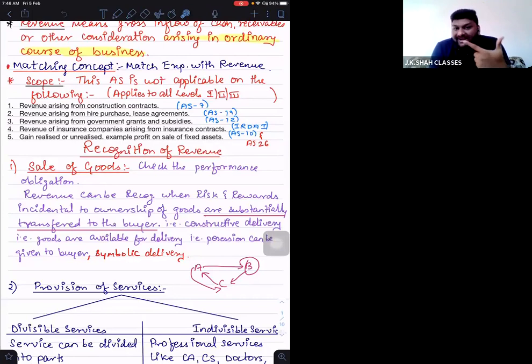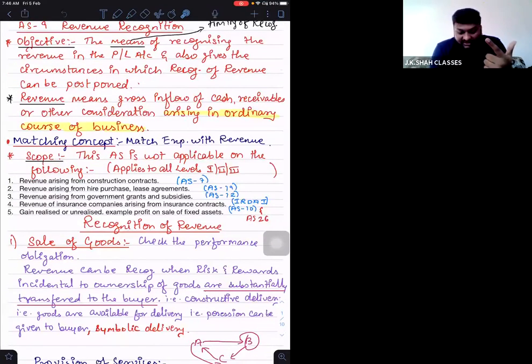But the second mandatory point, which will be applicable to any type of revenue that you are earning, if that second condition is not fulfilled, then sir, you have to postpone the revenue. That is what I've written: circumstances in which revenue recognition can be postponed. So postponement has to be done if the second condition is not fulfilled.